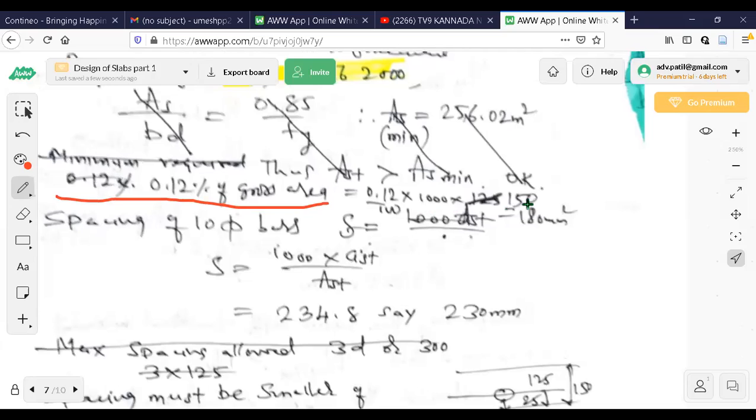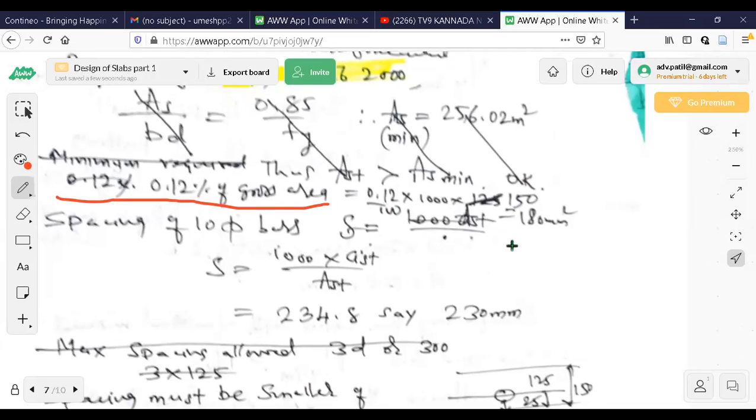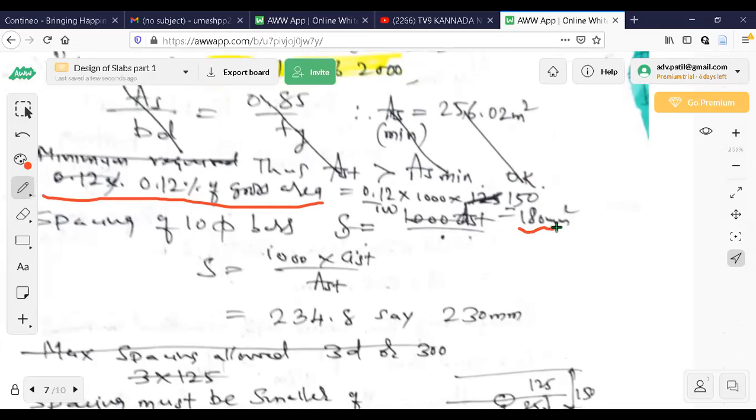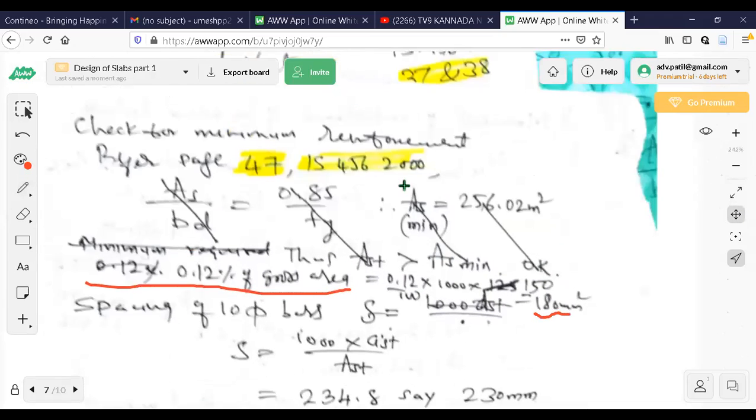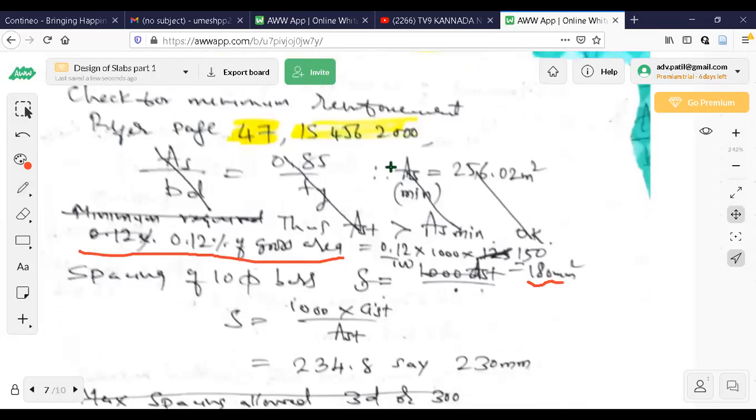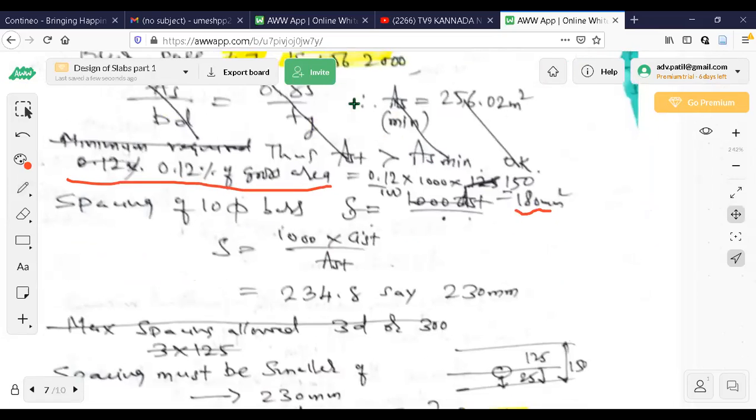So 1000 into 150, capital D it is. So 0.12 by 100 gives us a value which is 180. Now compare 180 with whatever value you have calculated, that is 334 or something like that. Out of these two, the higher value should be selected.